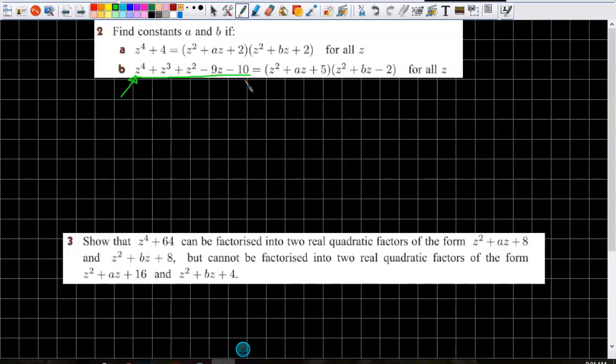Now, sure, but remember there could be some questions where they're saying no technology, and they might come up with some quartics where you wouldn't get exact answers. So if you got some of these zeros being 1 plus or minus 2i, you could then use sum and product and get your quadratic factor.